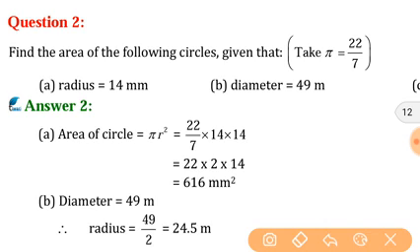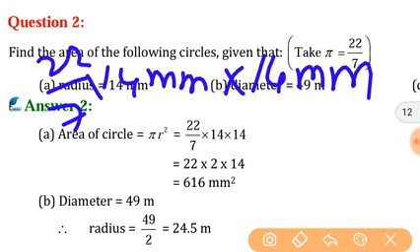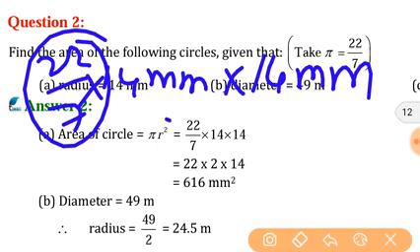Now, by cancellation, 7 ones are 7, 7 twos are 14. Then 22 twos are 44, and 44 into 14 is 616 millimeter square. Why millimeter square? Because it is 14 millimeter into 14 millimeter, and 22 by 7 has no unit, so we can neglect it.